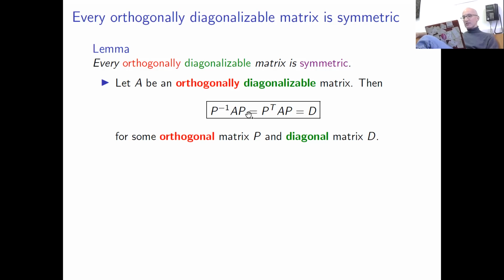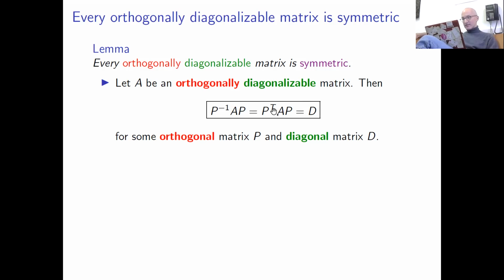What does it mean? It means that there exists an orthogonal matrix P such that P inverse times A times P is a diagonal matrix D. But keep in mind, a diagonal matrix is by definition symmetric. So here we have a symmetric matrix, and we want to prove that A is symmetric.